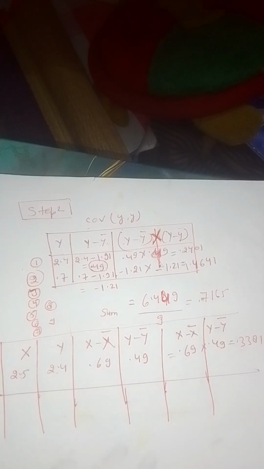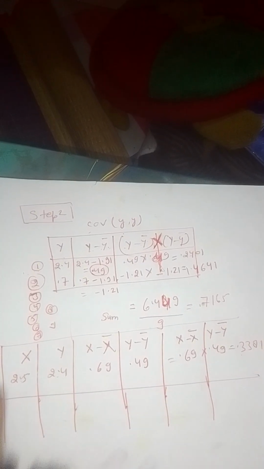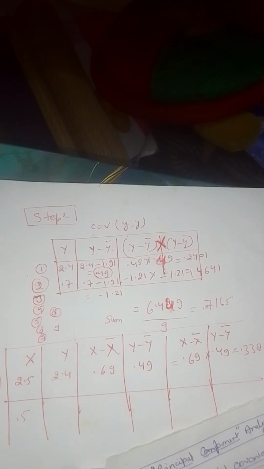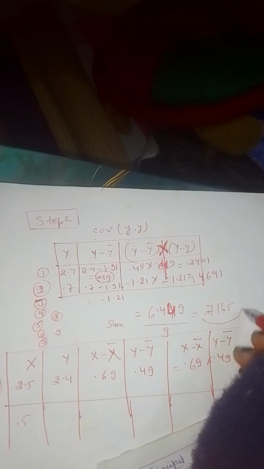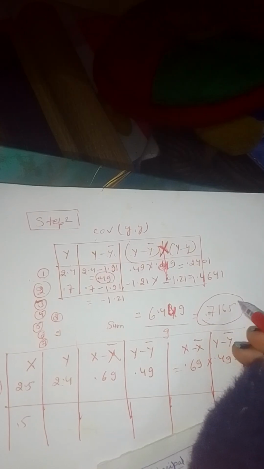So for first record it has come like this. For second, what is x? For second x is 0.5. It would be homework for all you students. Calculate this, and when you calculate, the outcome would come as 0.7165.